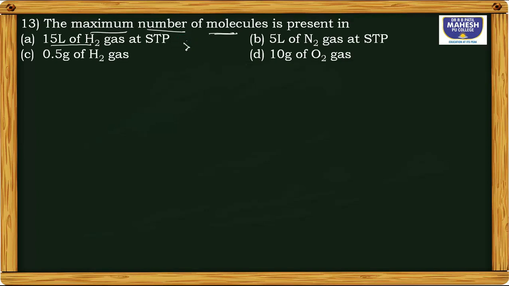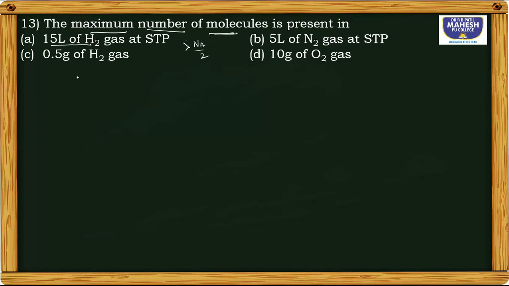Approximately, let us do it and try to answer. 5 liter of nitrogen, 22.4 liter as Avogadro number, 5 liter, so that has a very small number of molecules. Am I correct? Less than hydrogen. Directly when I compare these two, obviously I get less than hydrogen.